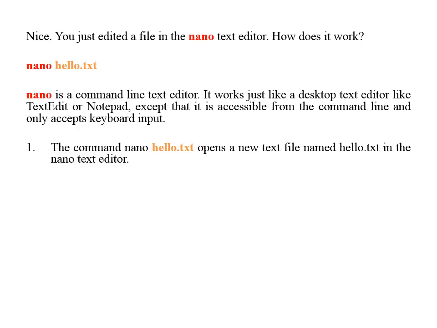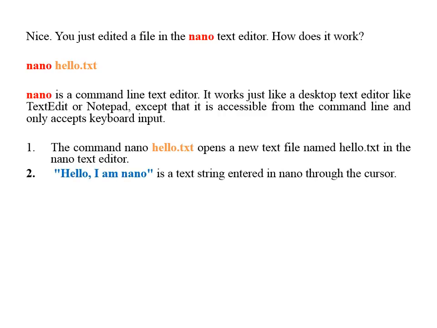The command nano space hello.txt opens a new text file named hello.txt in the Nano text editor. "Hello, I am Nano" is a text string entered in Nano through the cursor.